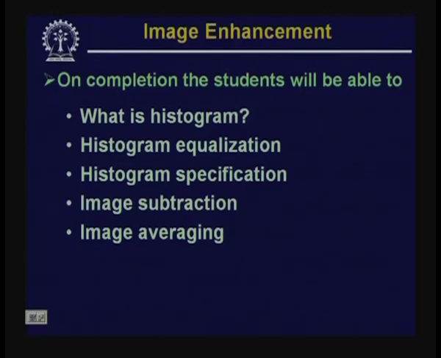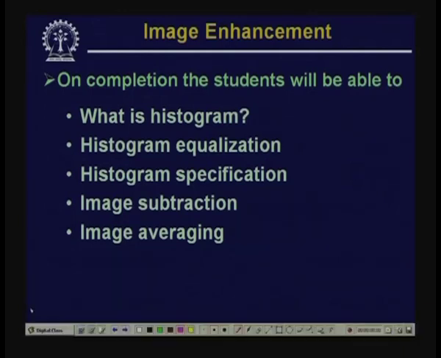So, first let us start the discussion on histogram processing, and before that let us see what we mean by the histogram of an image. To define the histogram of an image, we consider that an image has gray level intensities in the range 0 to L minus 1.